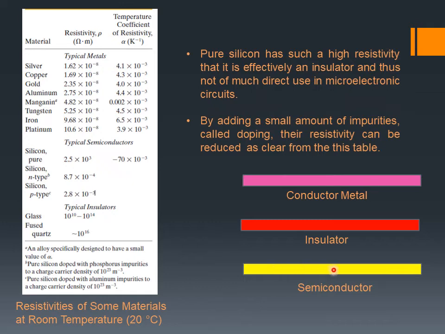So the current starts, and when the electric field is increased, more electrons come out and the current increases.